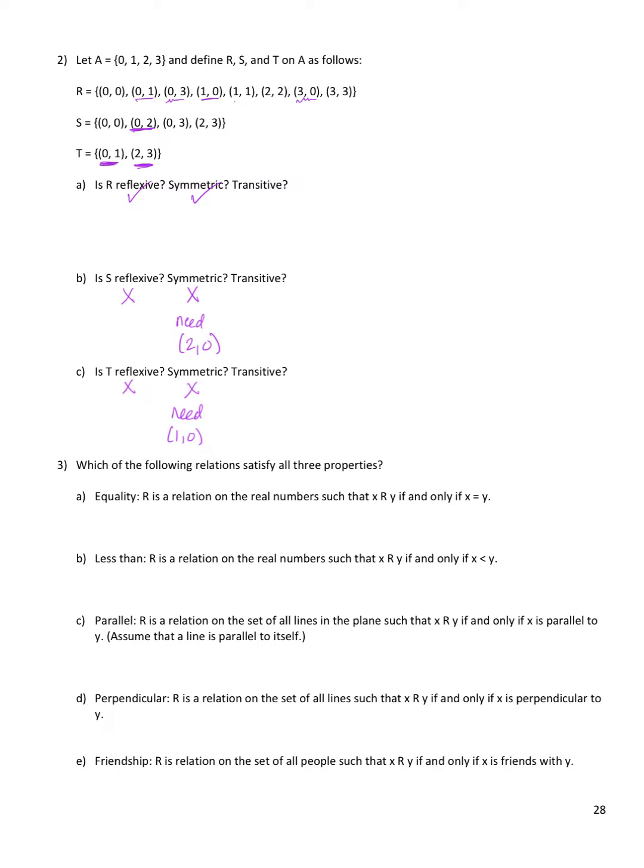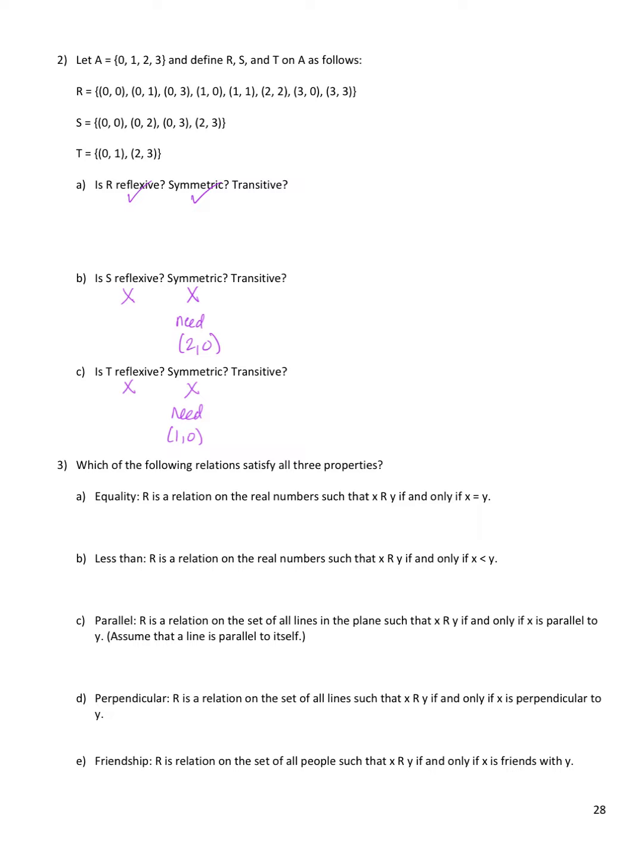And then for transitivity for the 3 sets, all right, so for set R, we need that anytime x comma y and y comma z are in the set, x comma z has to be in the set.